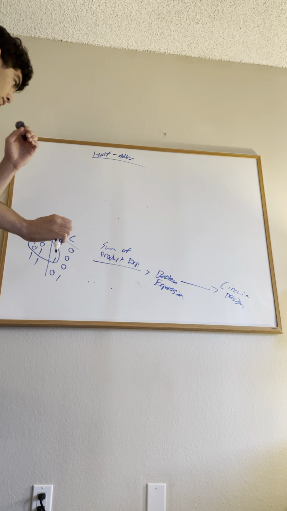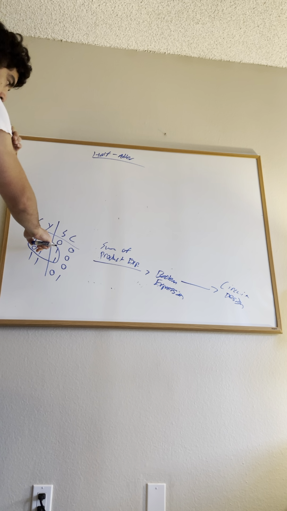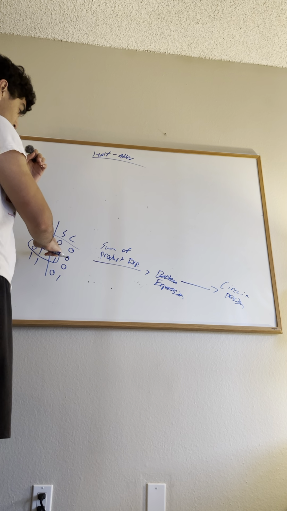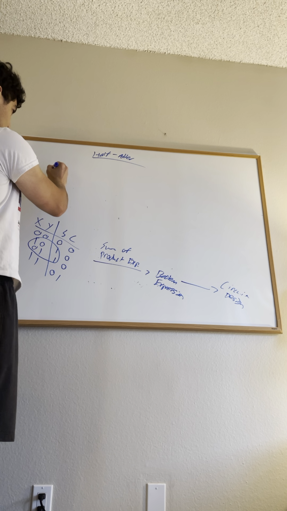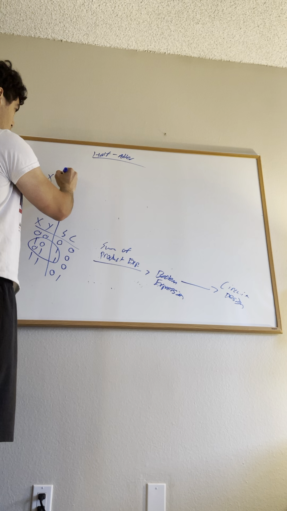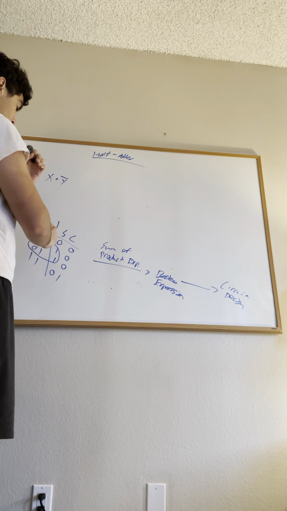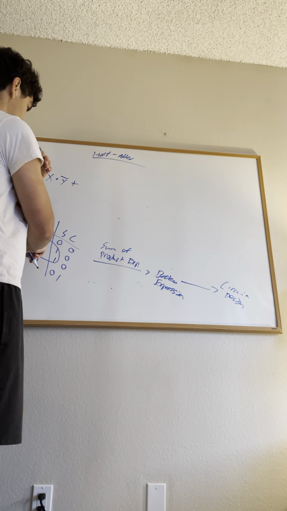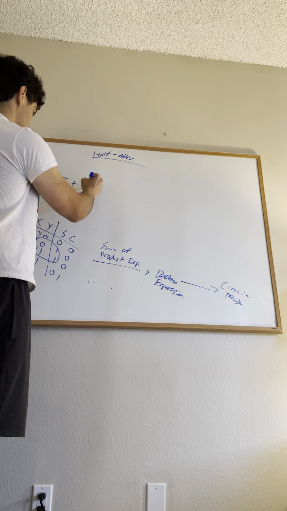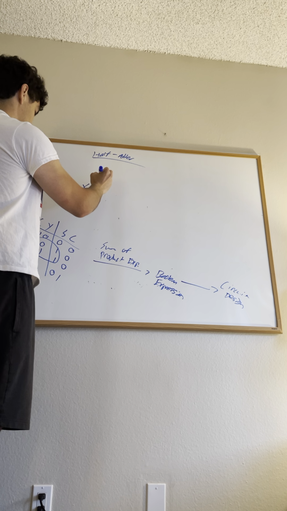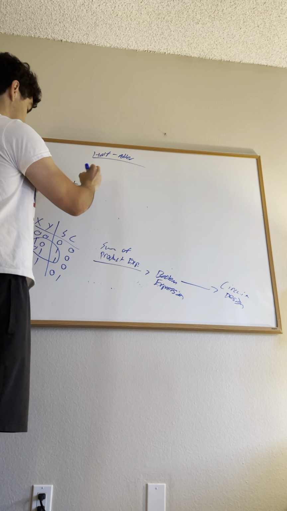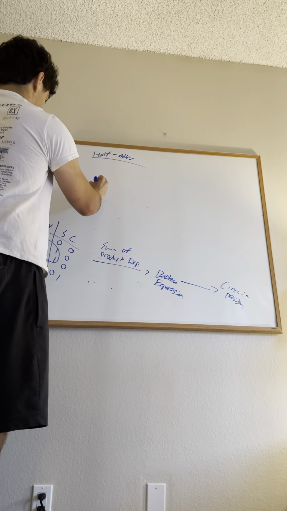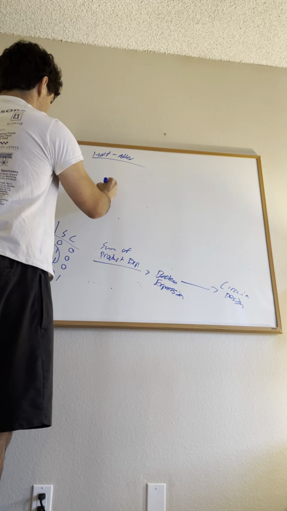So we see that for S to be 1 here, this is true when X is true and Y gets negated. And it's also true when we negate X and multiply by Y.